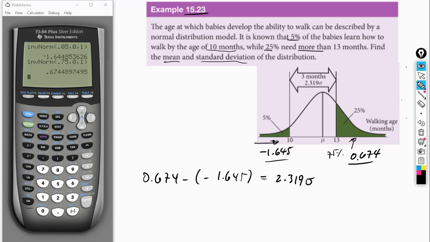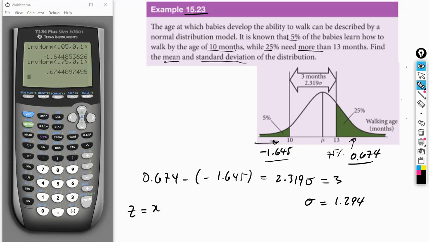And this is in a 3-month period, so this equals 3. We're going to get that the standard deviation is equal to 1.294.